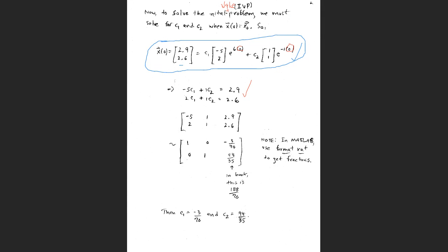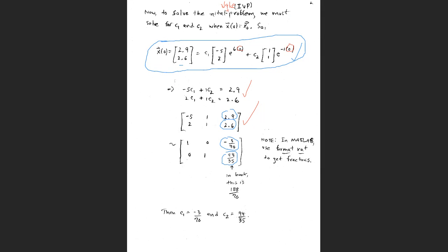Okay, so now again here we're going to solve this augmented matrix, and we can use MATLAB to do it because with these decimals here, it can make life a little bit hard. But you want to get out nice fractions, because you'll notice that C1 is -3/70 and C2 is 94/35.